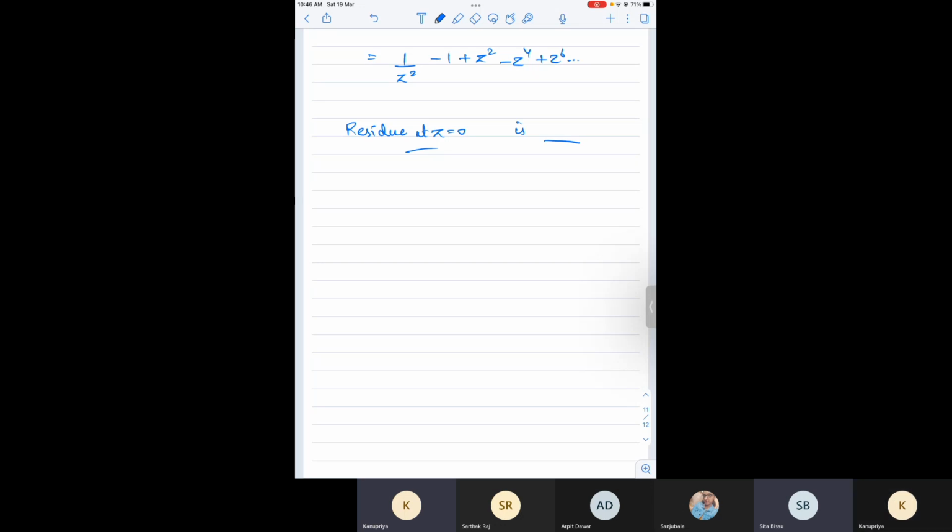Right. So this will be the Laurent series of this function around 0, because we have written it in the form of summation a_n (z minus 0) raised to the power n, where n belongs to the integers.